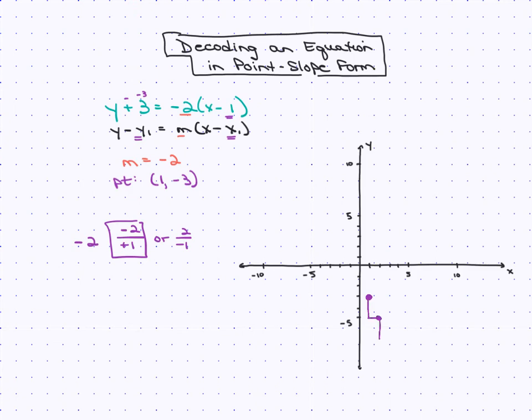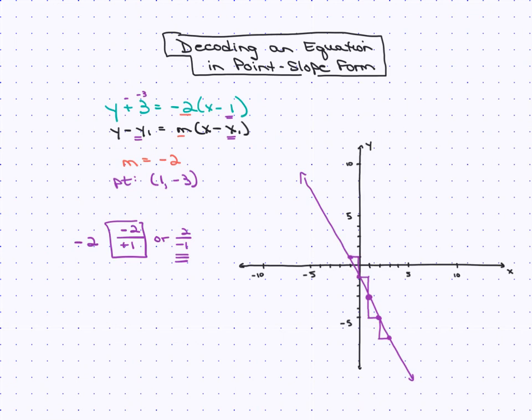So down 2, to the right 1. If I'm thinking about it this way, I'm going to go up 2 and to the left 1. So both ways work. And there I'm going to have my points and I can draw the line connecting those points. And yes, indeed, it's a decreasing line and it's more vertical than horizontal.